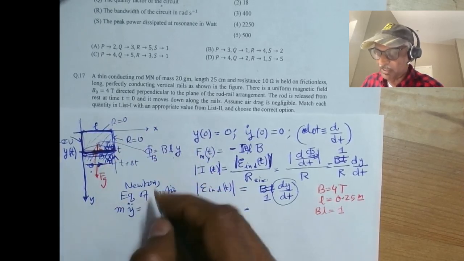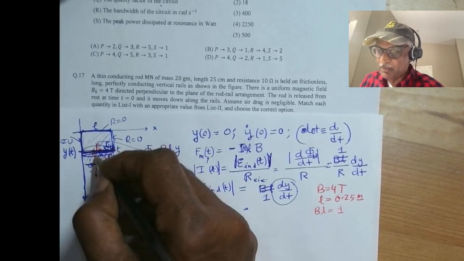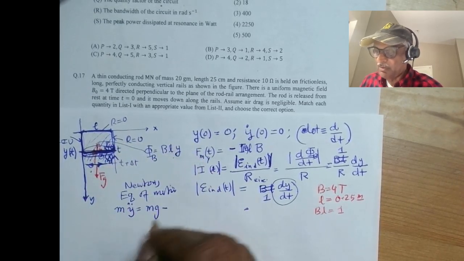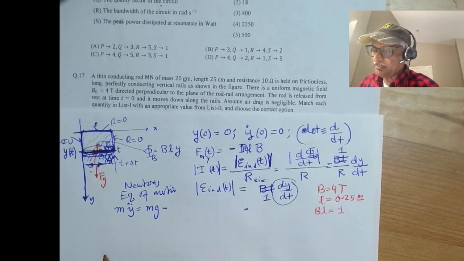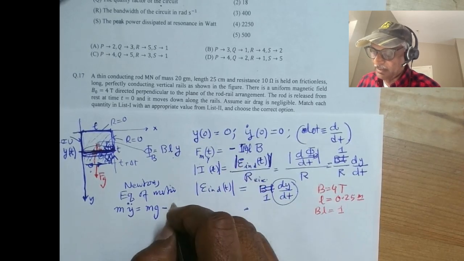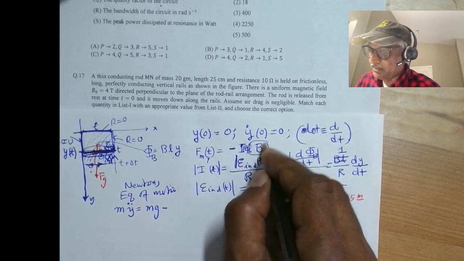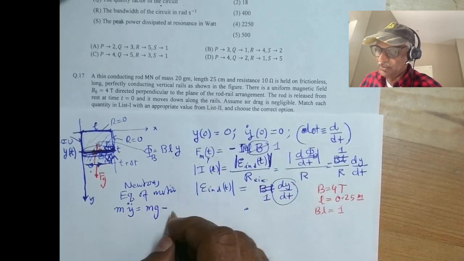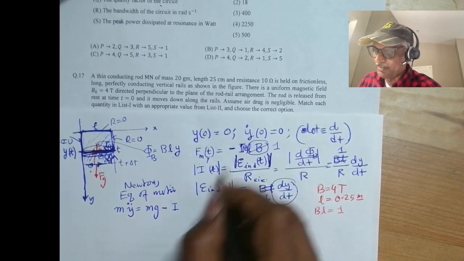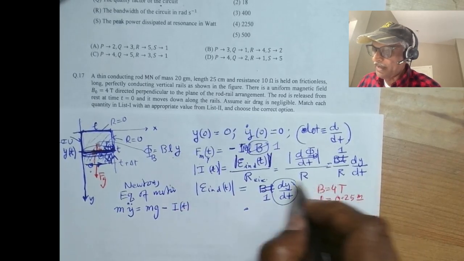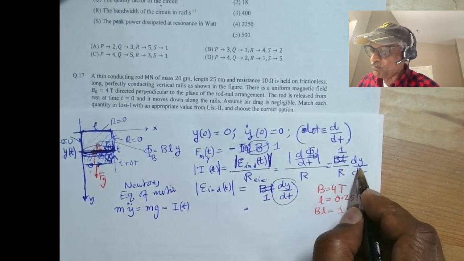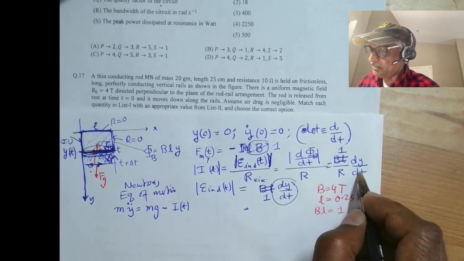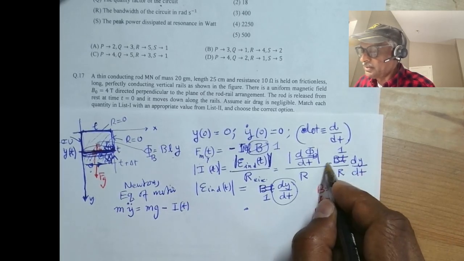This one is negative, minus ILB, and BL is 1, so minus I of t, and I of t is just dy dt.